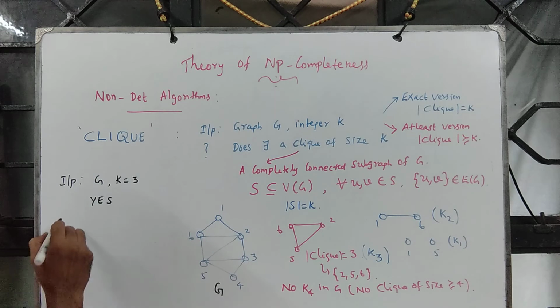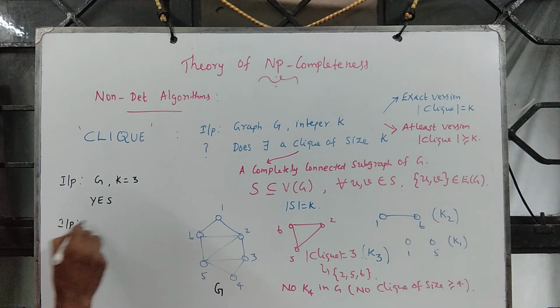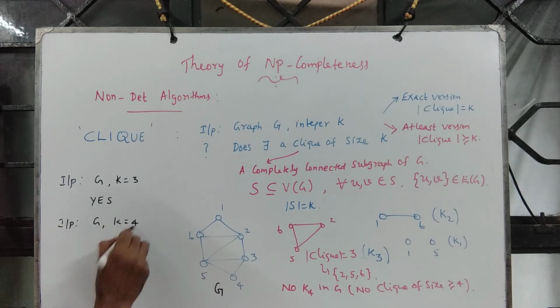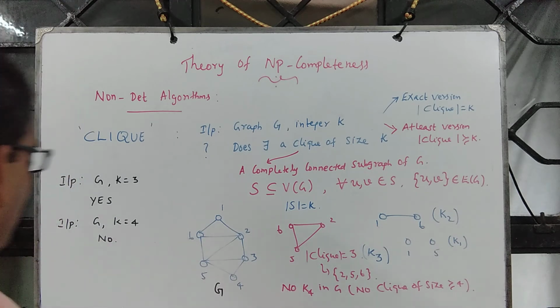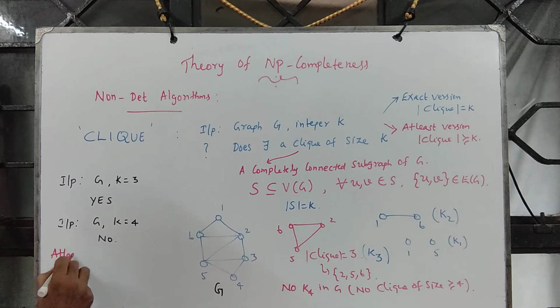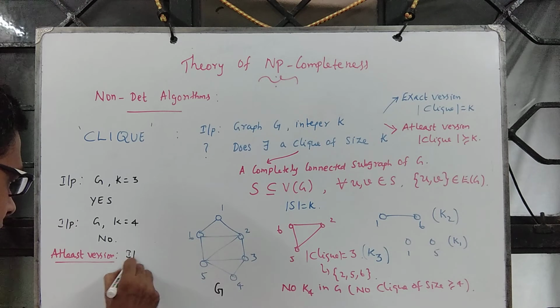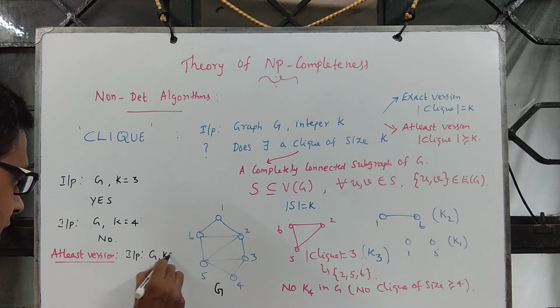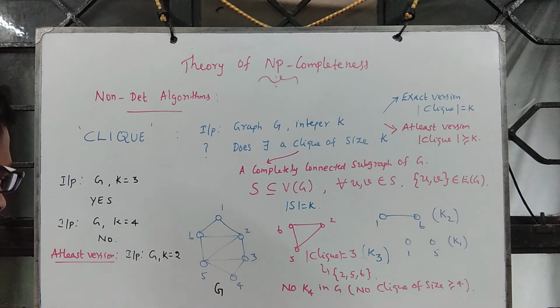Now you ask G comma K equals 4 and you return no. Suppose it is the at least version, then when you pass the input G comma K equals say 2, the question is, does there exist a clique of size at least 2?